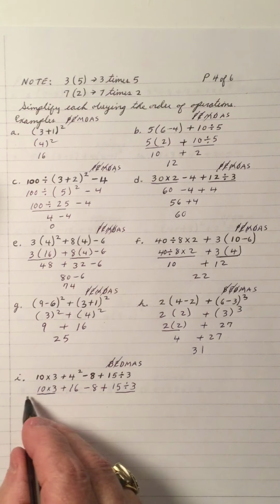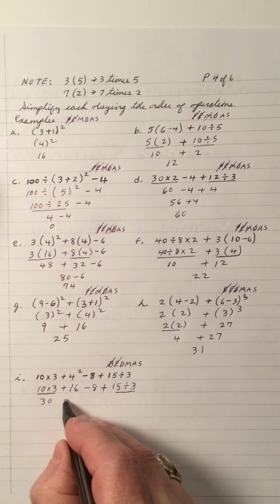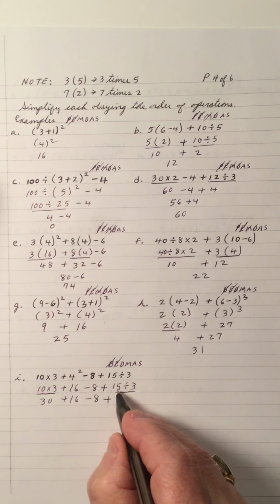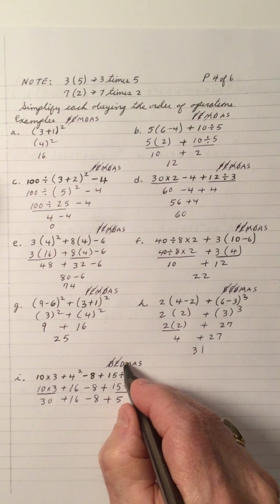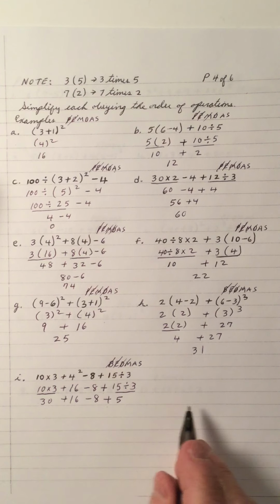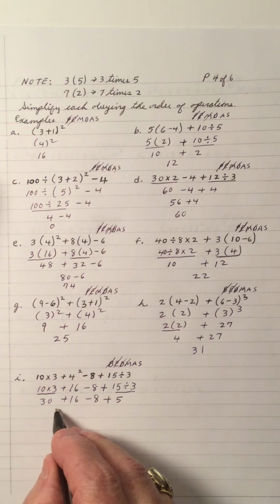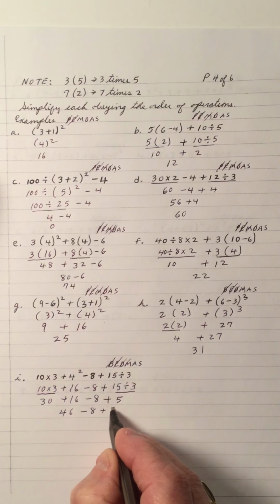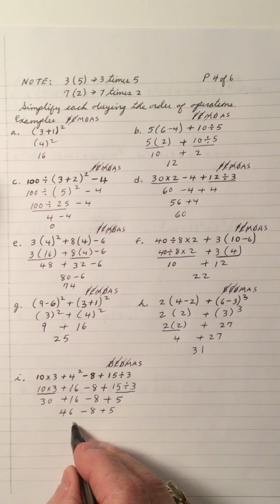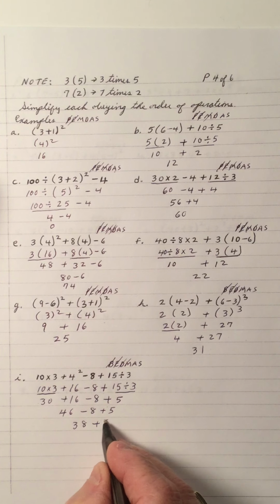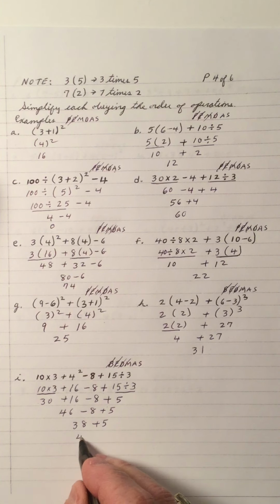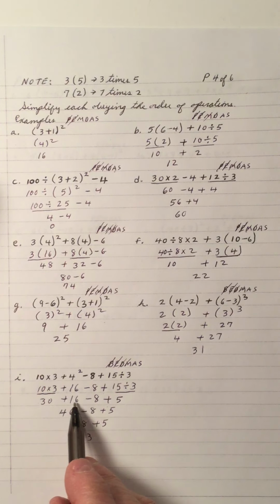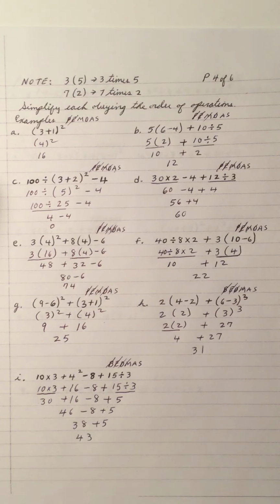Notice I underlined them. 30 plus 16 minus 8 plus 15 divided by 3 is 5. So that's done. Now I add and subtract from left to right. So I get 46. 46 subtract 8 is 38. And 38 plus 5 is 43. So I did one step at a time. Really, I could work that through in my head and come up with 43.